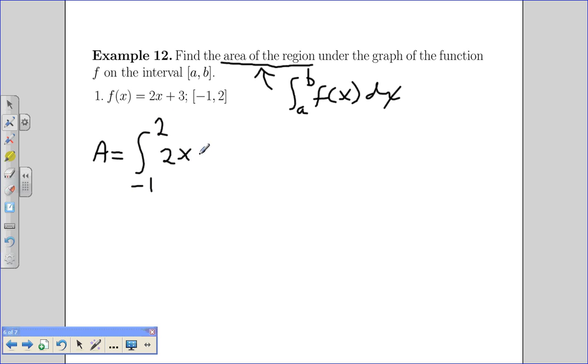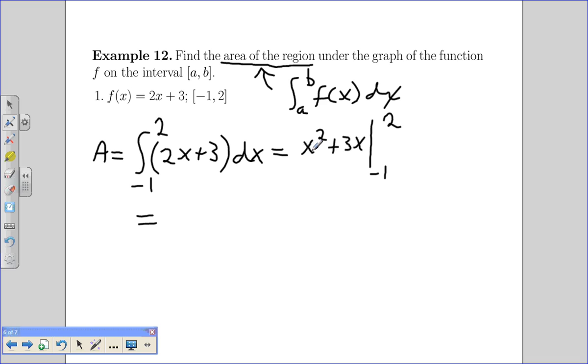And so if we integrate that, x squared plus 3x from negative 1 to 2. You put in the top. 2 squared is 4, plus 3 times 2 is 6. Put in the bottom. Minus 1 squared, that's 1.